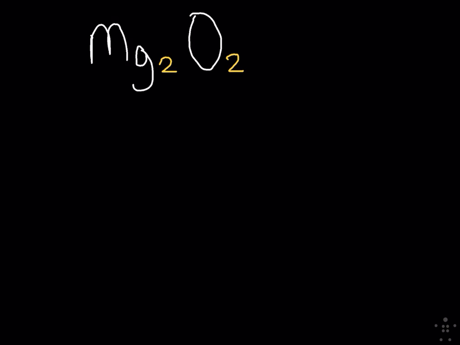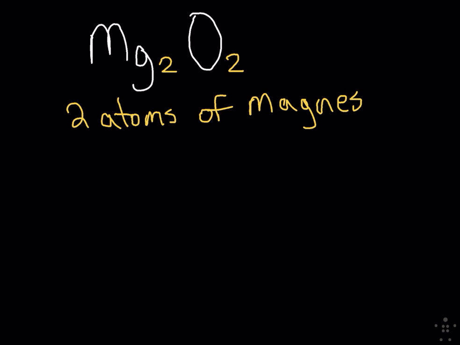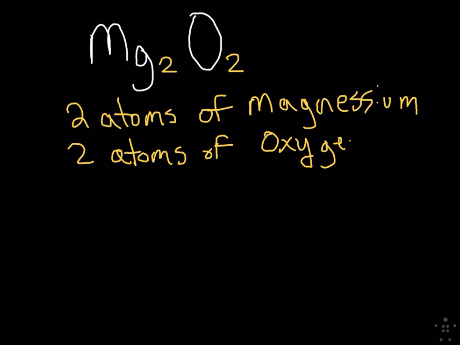So what this tells you now is that there are 2 atoms of magnesium and 2 atoms of oxygen. And that's how you read this formula. This, again, is a chemical formula that tells you what elements and how many of each element make it up.